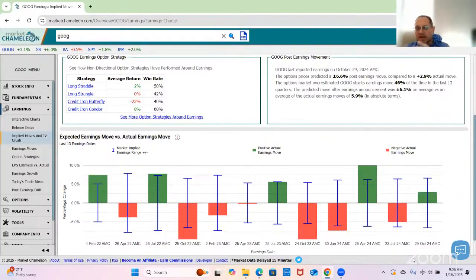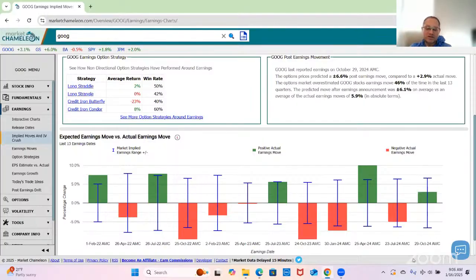And to create a benchmark that we could track from day to day, we'd have to standardize it. So we'd have to say, what's the days to expiration? What are the strikes that we're referencing? So we have this 30-day IV, which is a 30-day constant maturity at the money implied volatility.